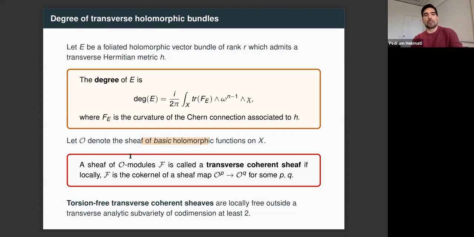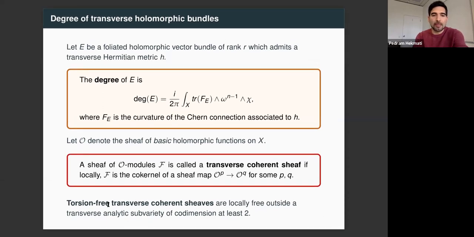So again, these coherent sheaves are defined in the usual way. We restrict to basic holomorphic functions on X. So if O denotes the sheaf of such functions, then a transverse coherent sheaf is just a sheaf of O-modules that locally is the cokernel of appropriate powers of this structure sheaf.